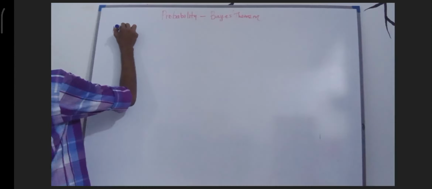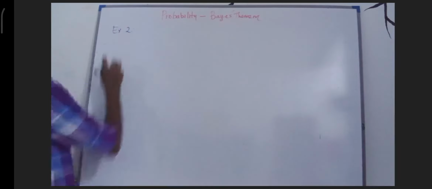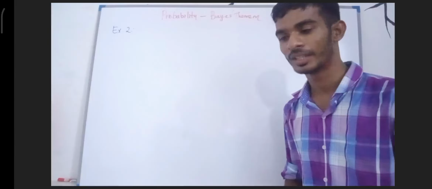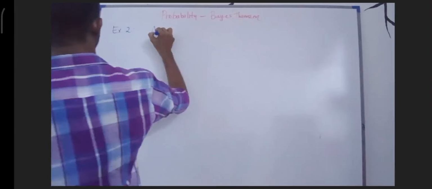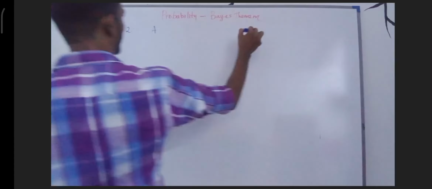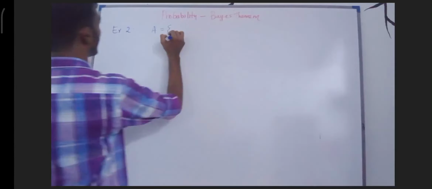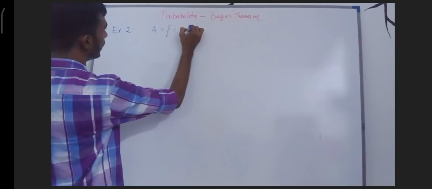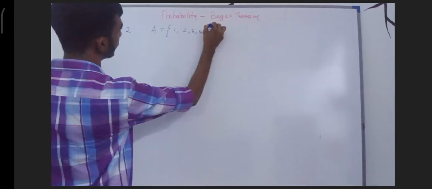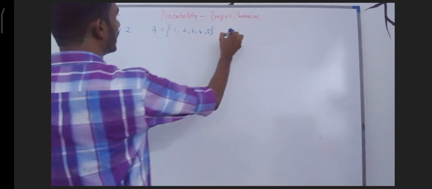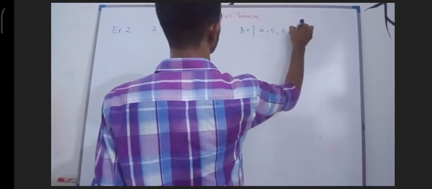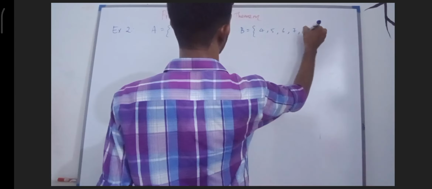Now example number 2. Now this example is going to be related to the equation that we have already studied, because I'm going to take 2 events, event A and event B. So event A has the numbers 1, 2, 3, 4, 5, and event B has the numbers 4, 5, 6, 7, 8, and 9.